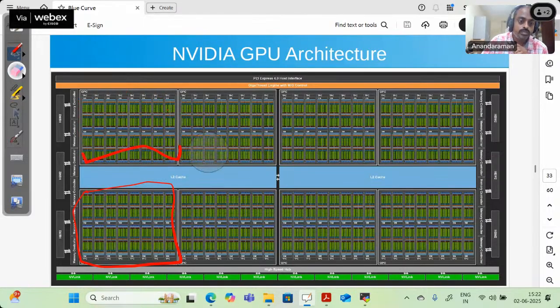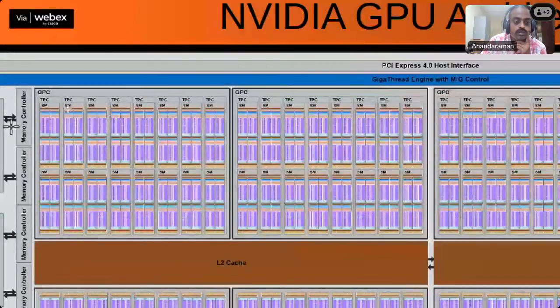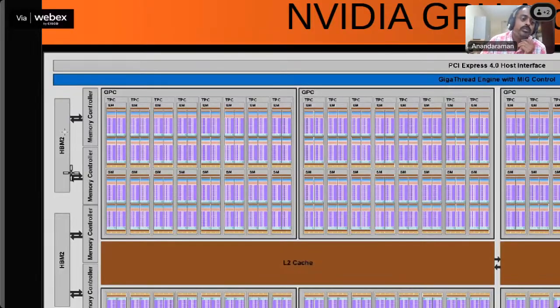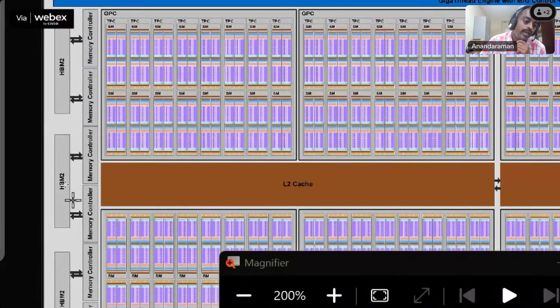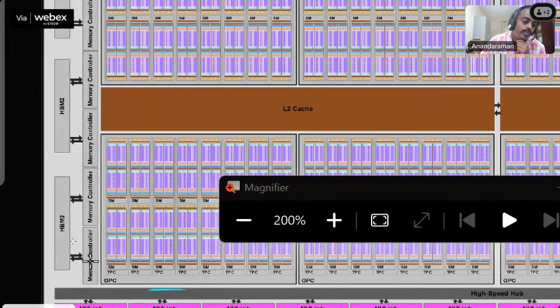Then under each GPC, if you zoom in, the memory controllers connect the high bandwidth memory to the GPU with high bandwidth.